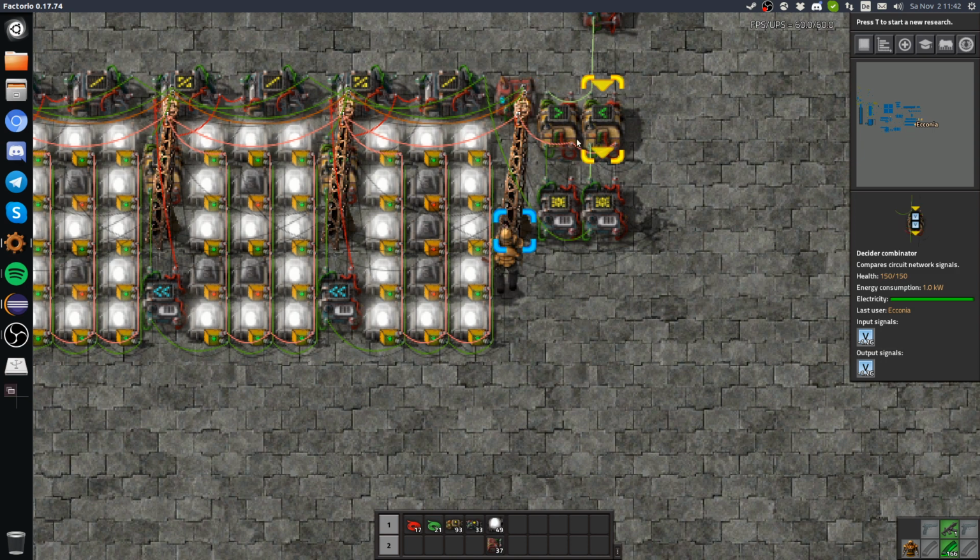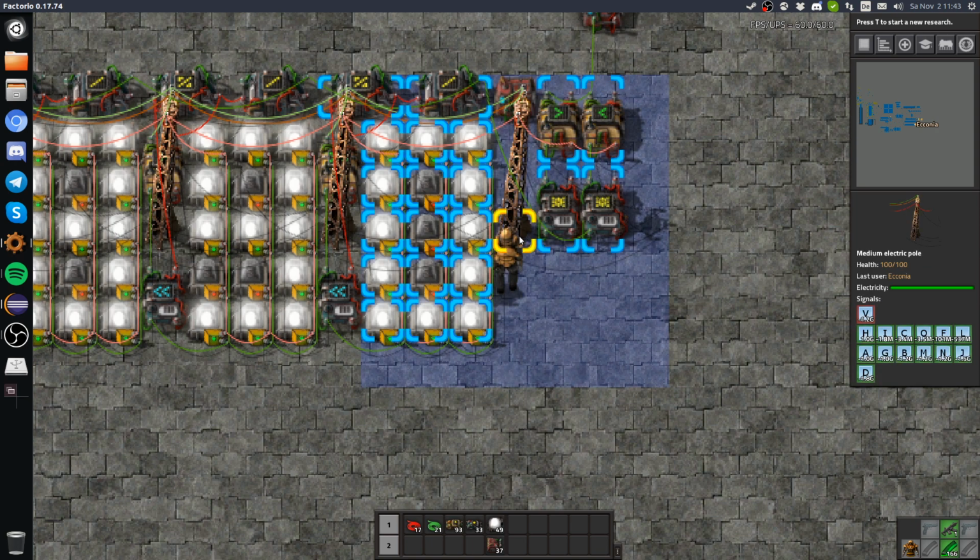For starters, I grabbed the input signal from here. I could have done it on this side, but here's a green signal and here at the bottom is a red signal. Here I can grab the red signal because if it's smaller than 0 or bigger than 0, no matter, I get the result, which is merged onto the red signal, so the red signal always contains whatever the input used to be.